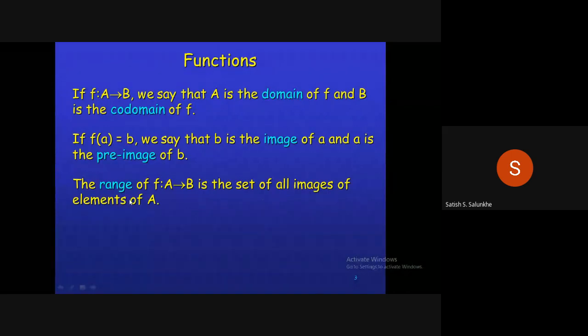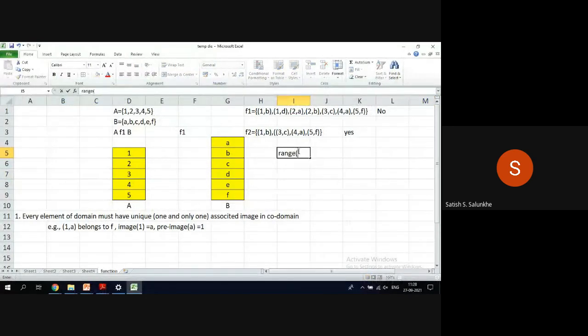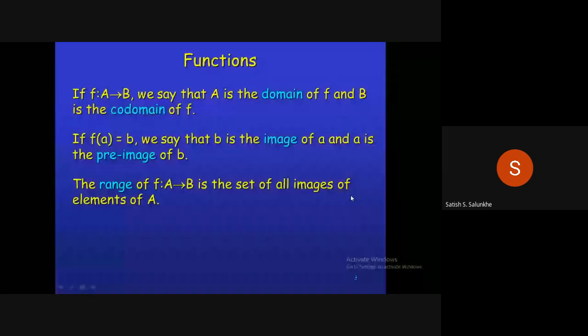So can anybody tell me now what is the range of f2? Range is all the images of elements of domain. So can anybody tell me now range of f2 will be what?